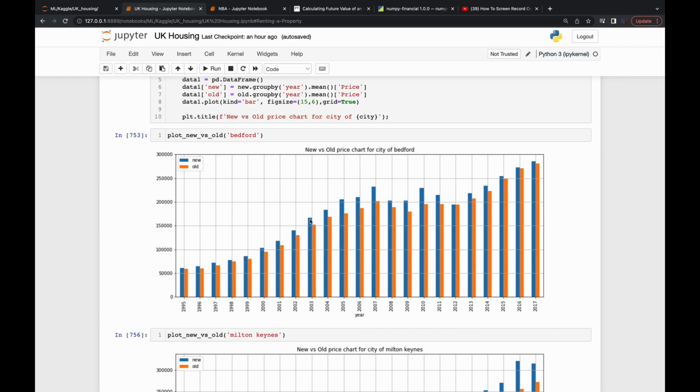Now, let's say you bought a new house and you don't want to make any loss. You decide that, okay, I want to keep my house as long as it takes, but I want to make a profit. So for that, let's look at 2004. If you bought in 2004 and I draw a line like that, I see in 2006 or 2007 I will make a profit.